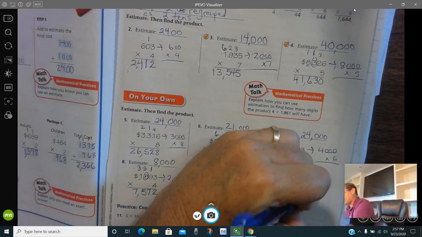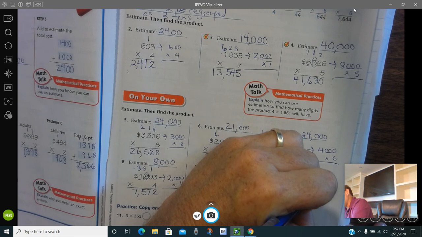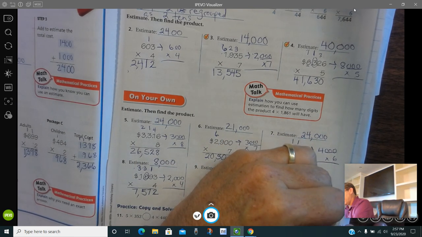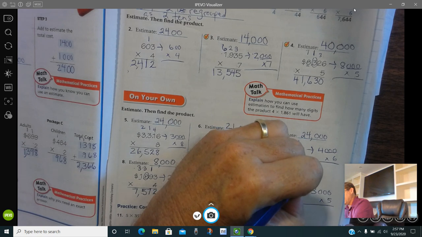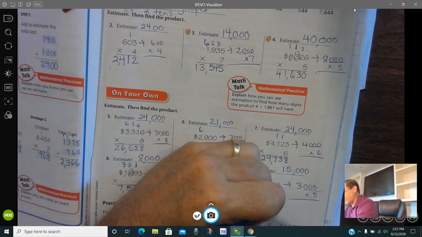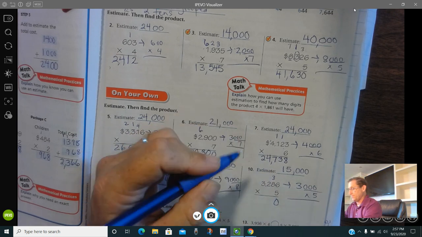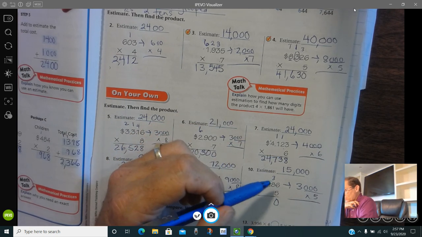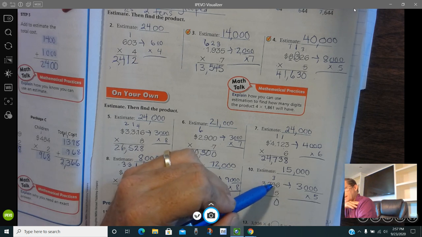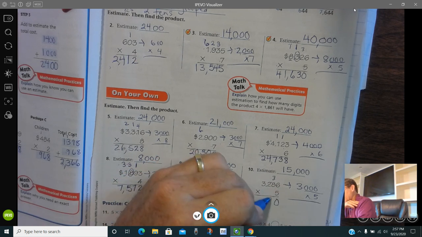Number 10, 3,286 is close to 3,000 times 5. 5 times 3 is 15. Put the 3 zeros from the 3,000. Okay, 5 times 6 ones is 30 ones. Regroup 30 of those ones as 10s. 5 times 8, 5 sets of 8 is 40, plus the 3 regrouped, 43.